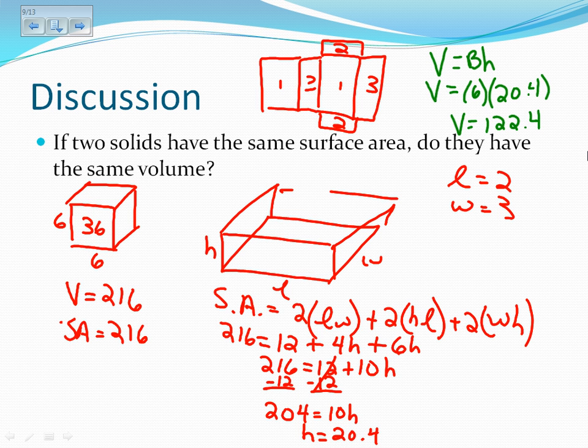Because cardboard costs money. Does that make sense? The perfect prism is actually a cube. You will fit the most amount of stuff into a cube per the amount of material that you have to cover it with. Does that make sense? So if you're trying to hold the most stuff and you have a fixed amount of cardboard, you should make a cube. Right?